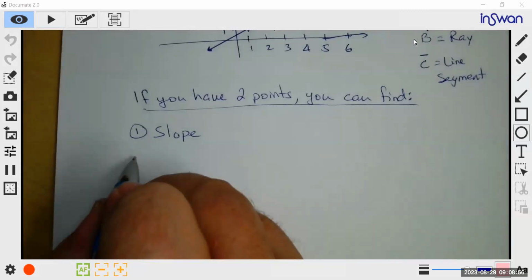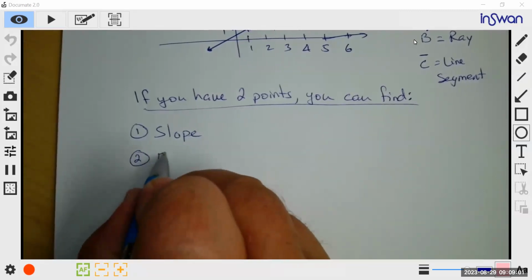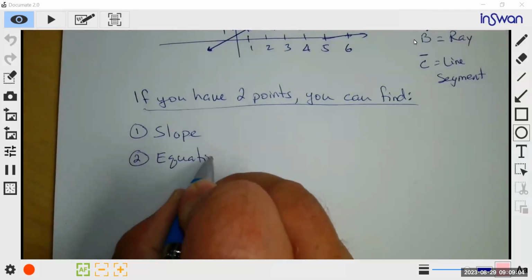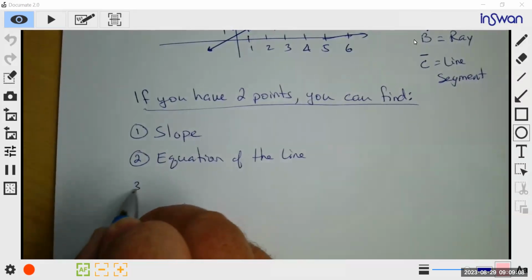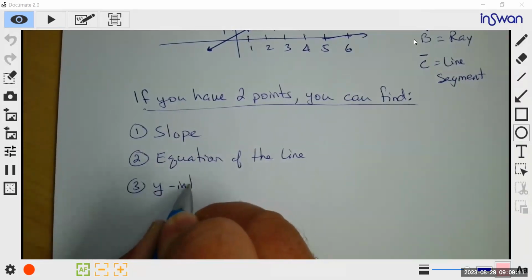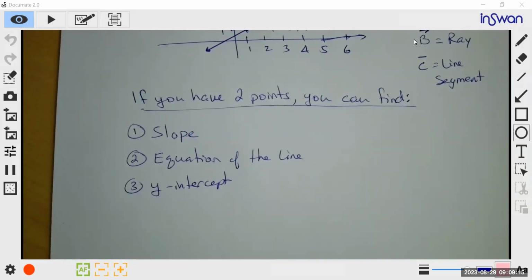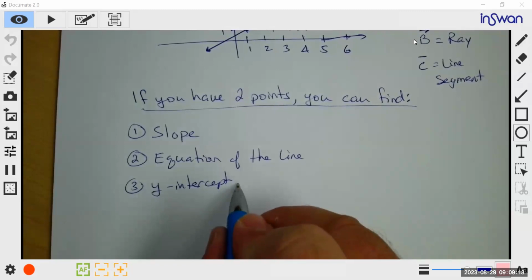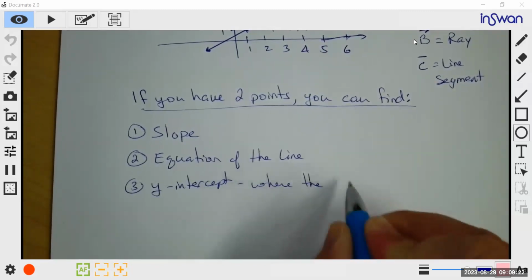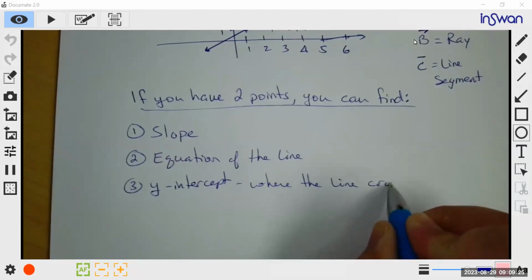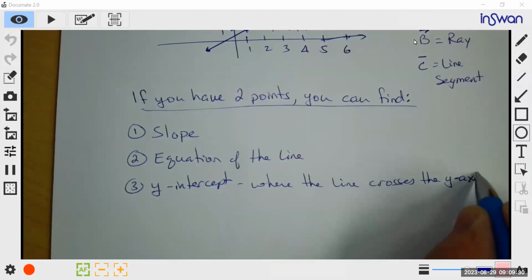What else? Equation of the line. The y-intercept. What is the y-intercept? It's where the line crosses the y-axis.